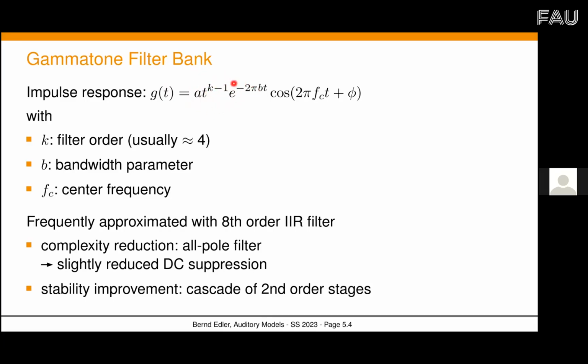And then we have this exponential function, and the rest is all in this normalization amplitude factor A. And you can control the filter order by k, and you can control the bandwidth with the factor b, because the smaller the factor is, the more slowly the function goes up and down, let's say.